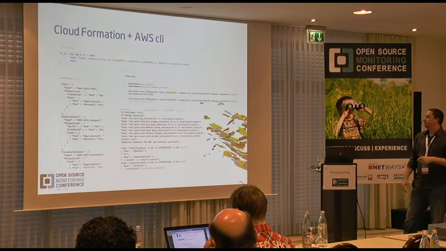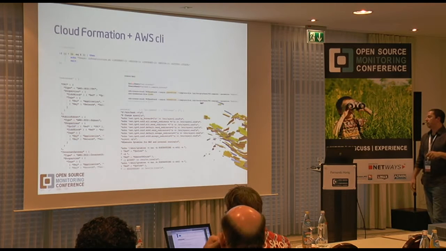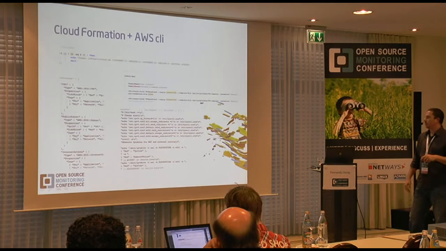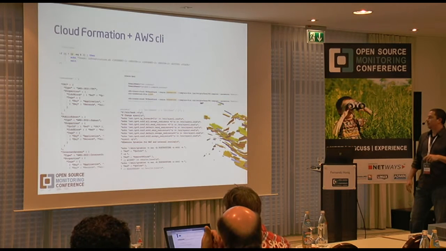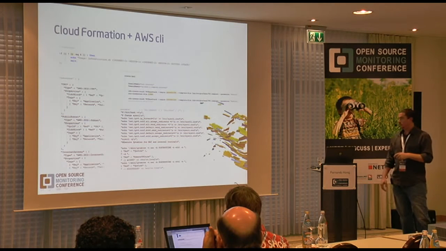As you can see here with a switch, we are just creating the VPC, putting some variables that we need to define prior to the creation, and then we are calling some AWS CLI commands. So this could be executed from any place.